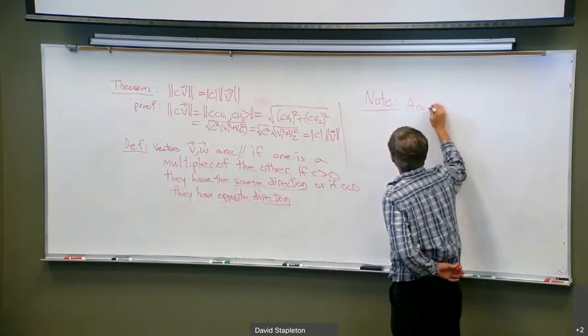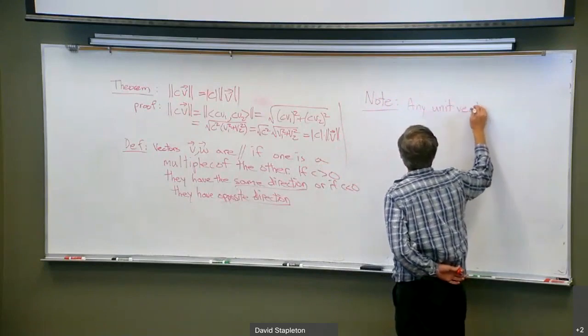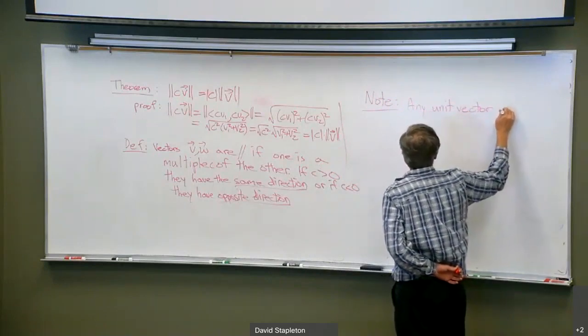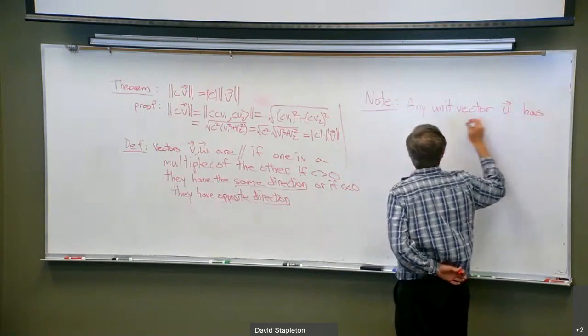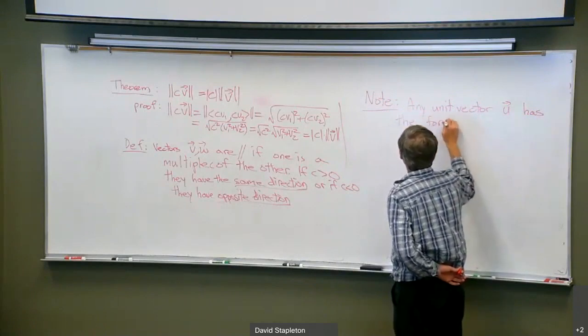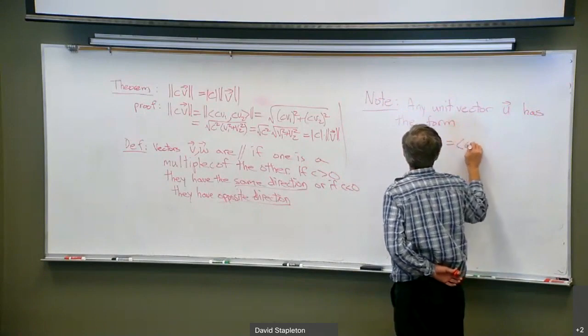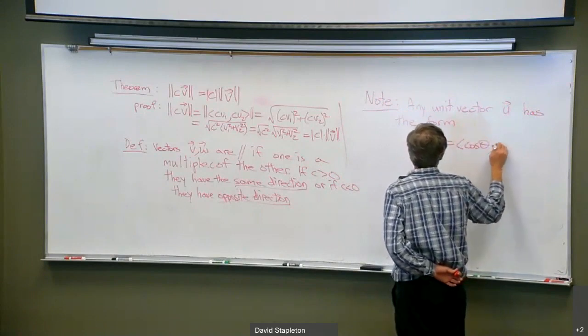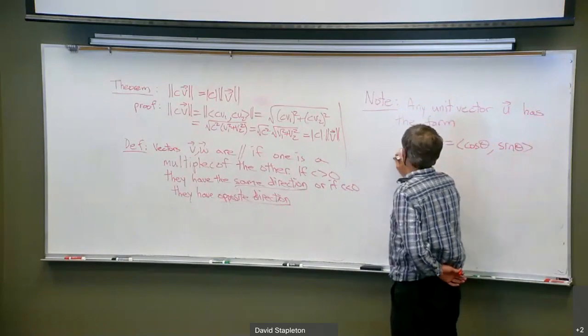Any unit vector u has the form u equals (cosine theta, sine theta) for some theta.